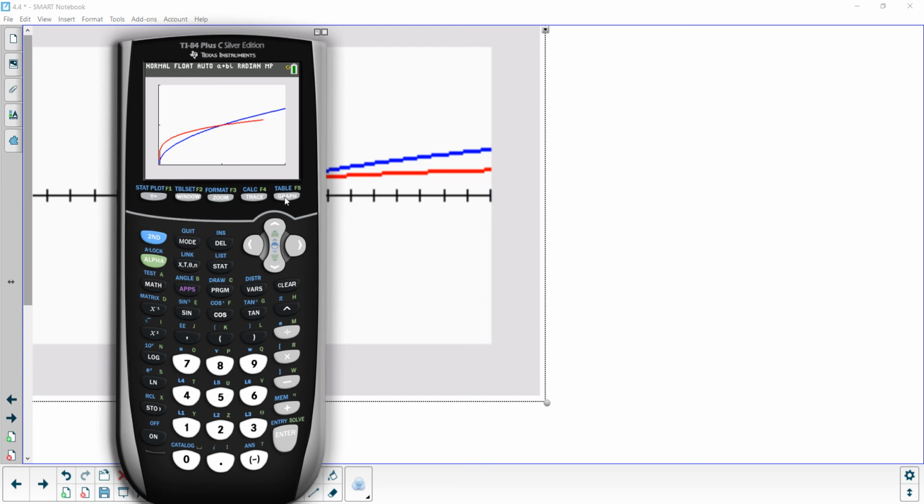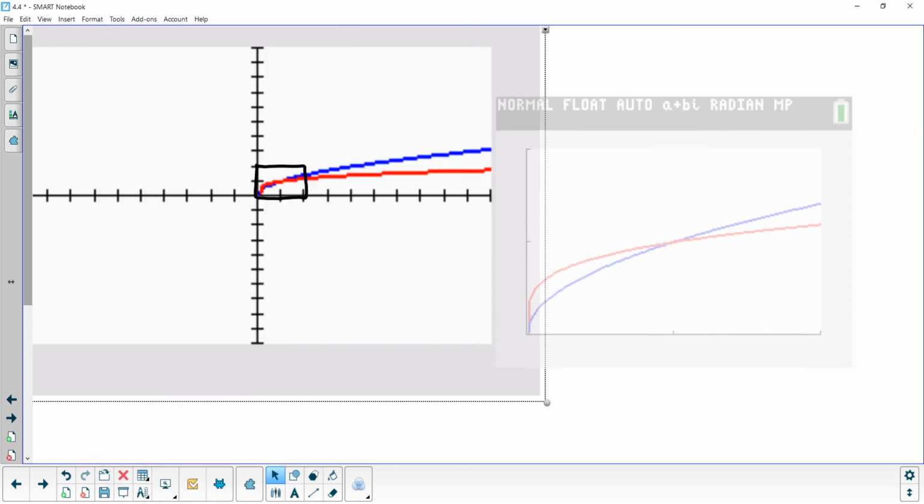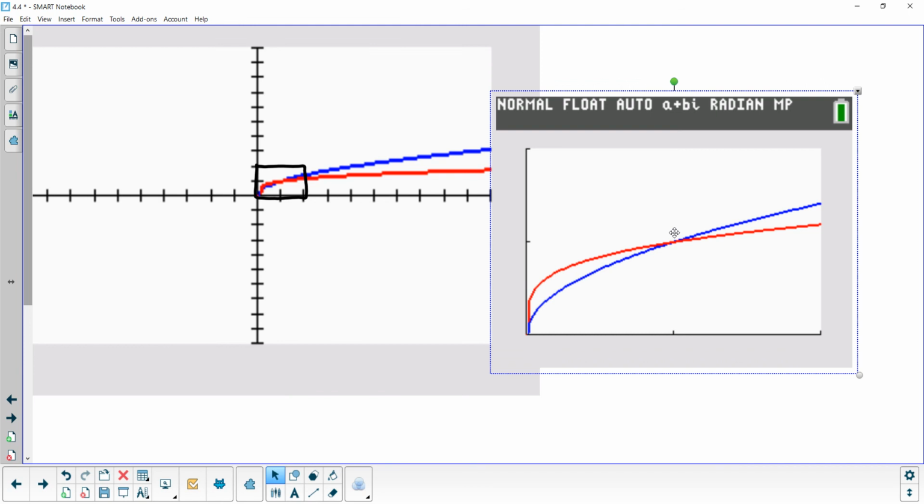So notice what happens when you go past 1. The fourth root gets smaller than the square root. When you get after the number 1, the fourth root is smaller. But before that, the fourth root is actually larger, between 0 and 1. Okay, so it's kind of weird, but that's what happens. The behavior switches at 1.